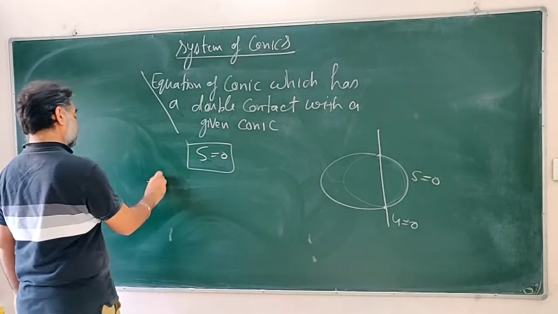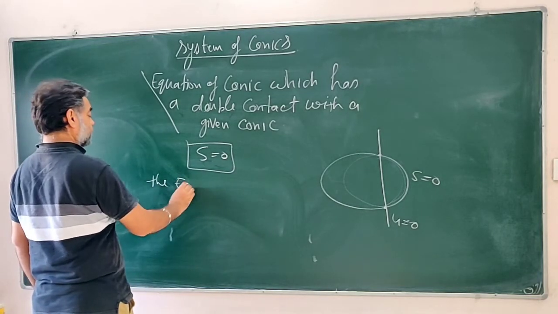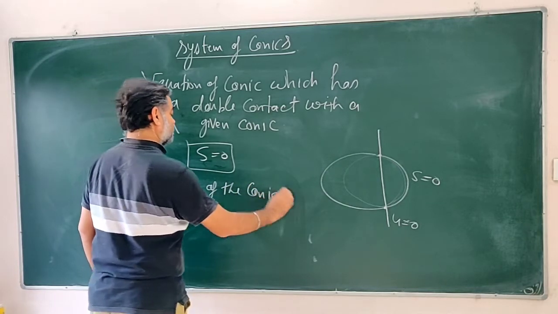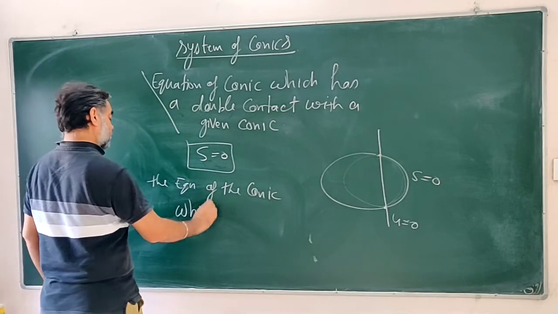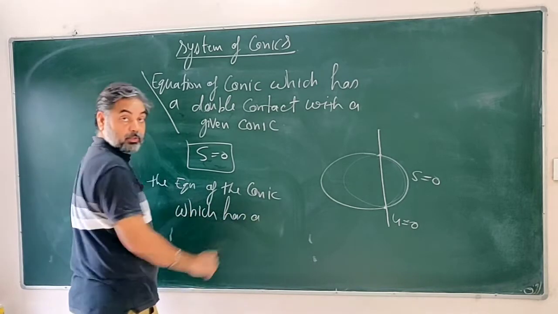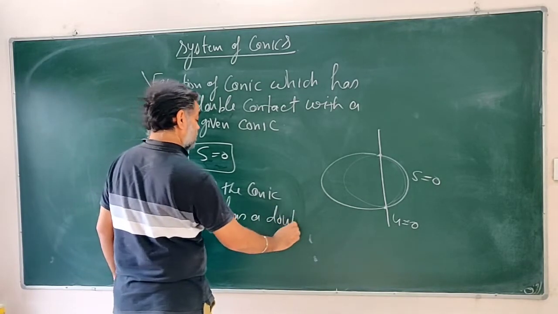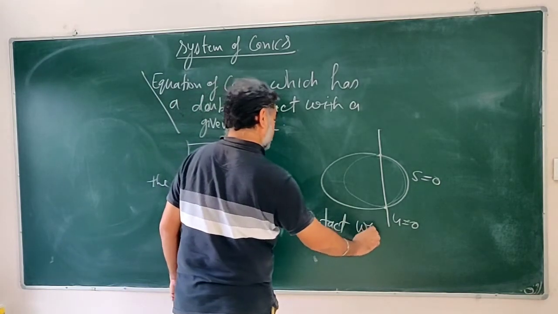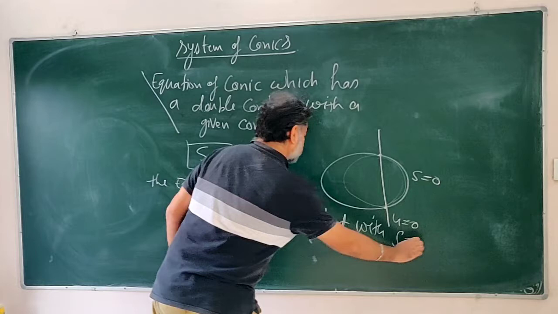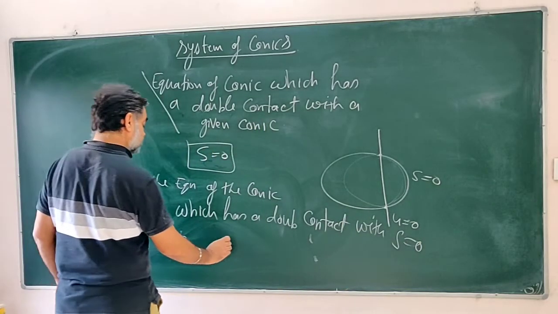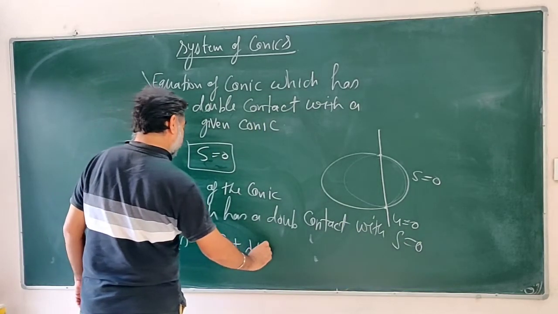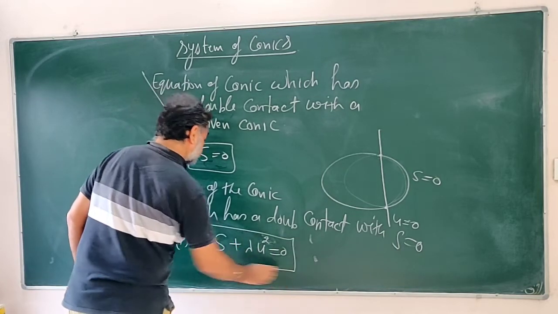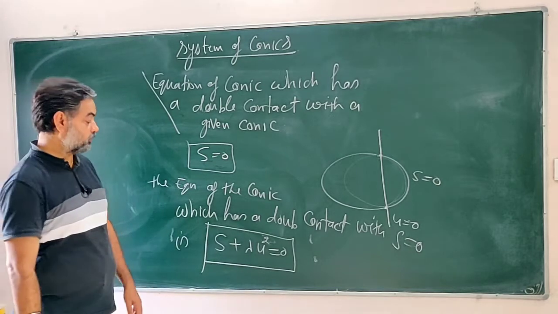So then the equation of the conic which has a double contact with S equal to 0 is given by this equation, S plus lambda u square equal to 0.